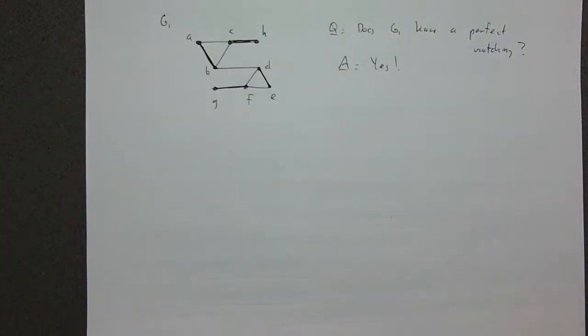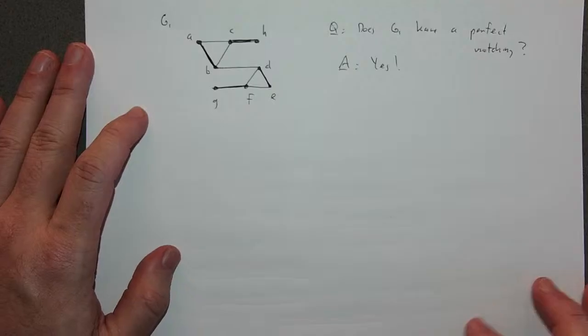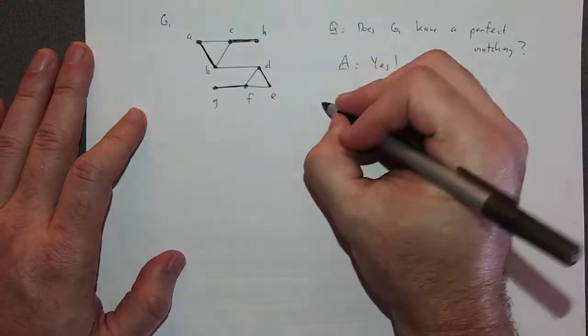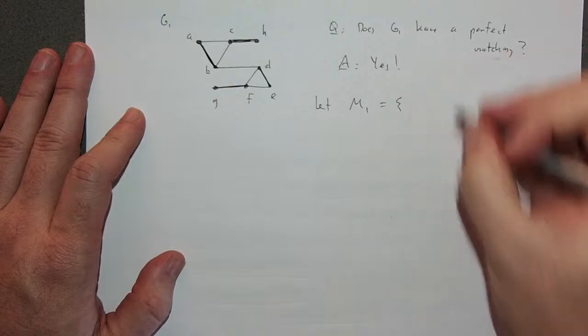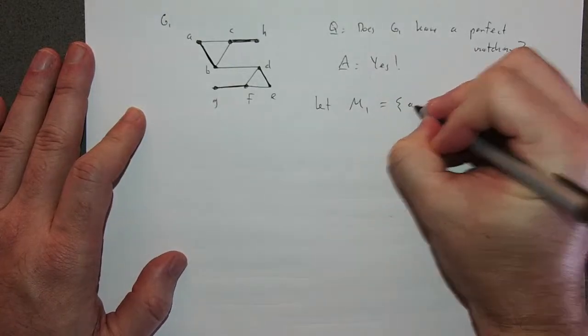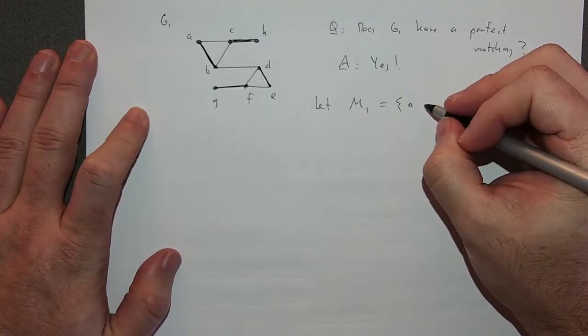Okay. Here, to illustrate a maximal and maximum matching, let M1 be the matching AE. Where do I want to put this?